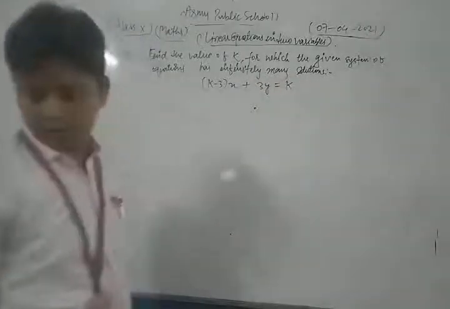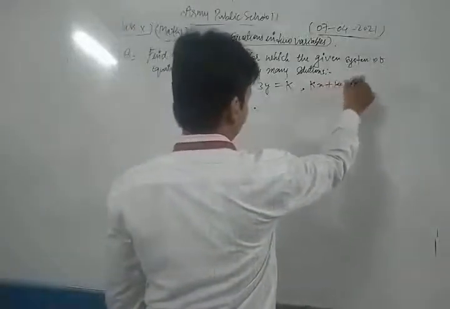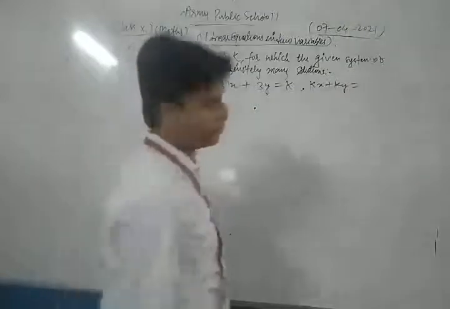And the second one is kx plus ky is equal to 12.